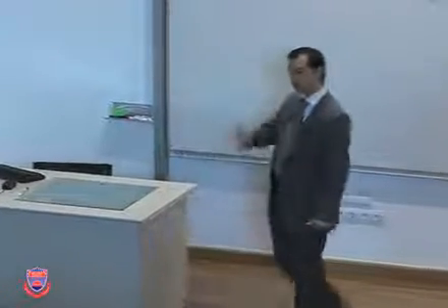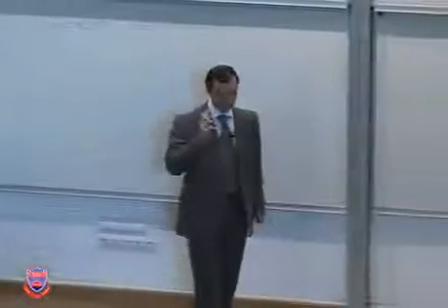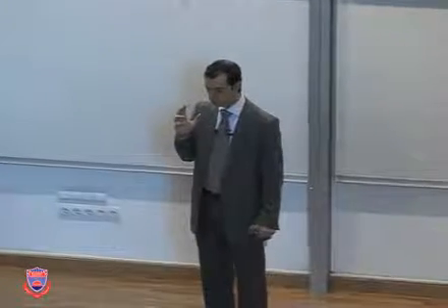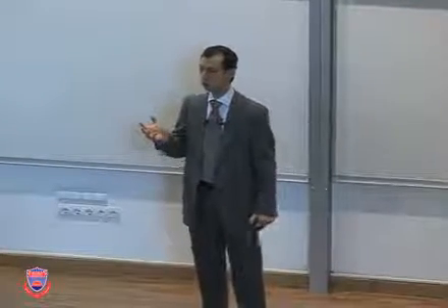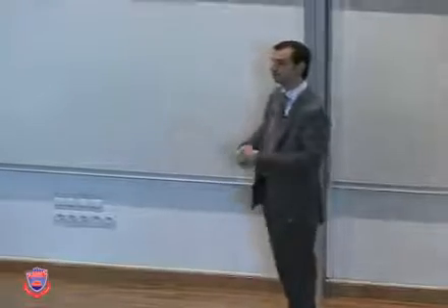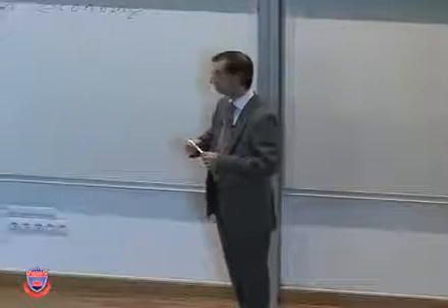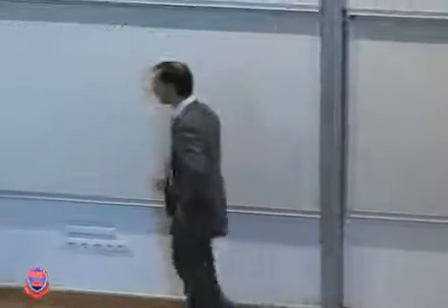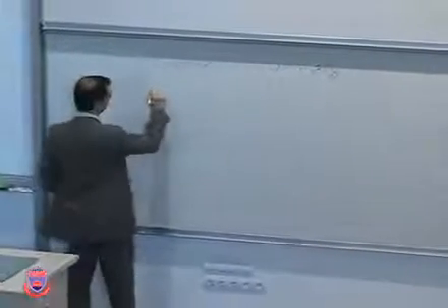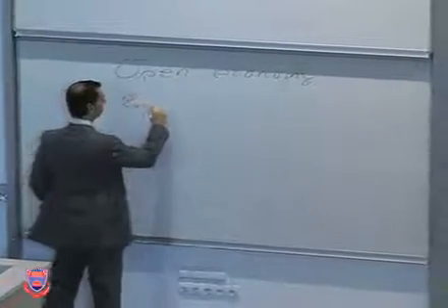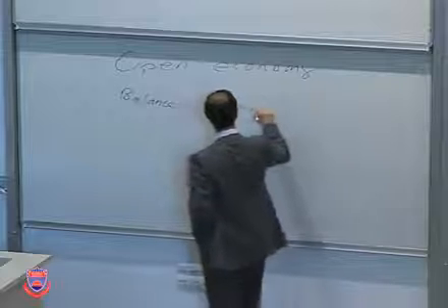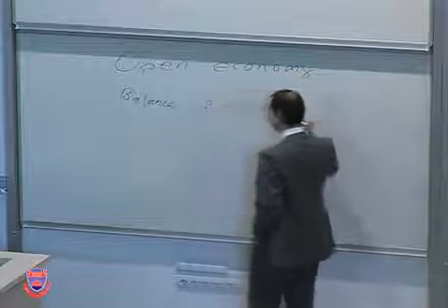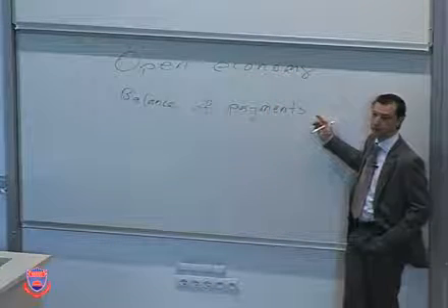So the first thing we have to do is we have to have our statistics right. We have to know where to look. Foreign currency. What we look at is what is called the balance of payments.